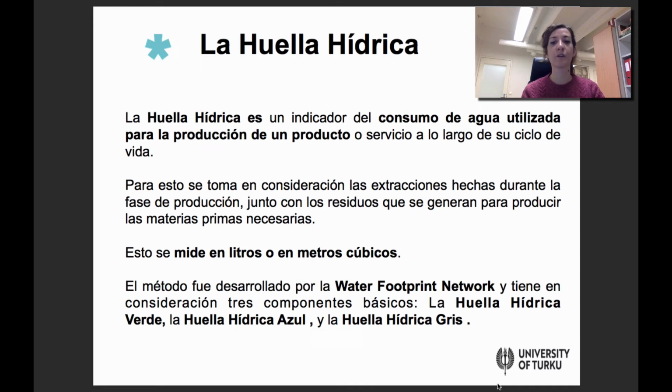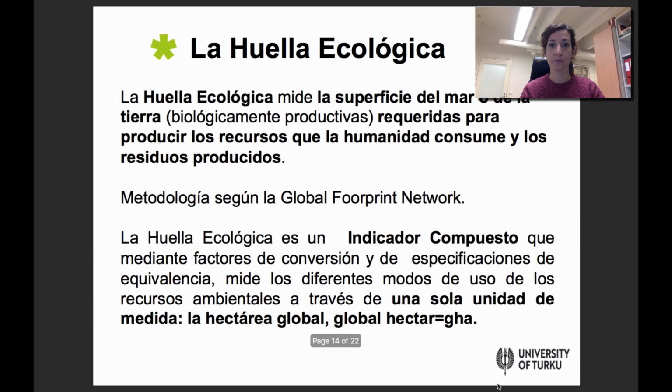So the water footprint accounts for all of this. And then finally we have the ecological footprint, which is the measure of the biologically productive land or sea which is required to produce the resources that mankind consumes and the waste that it produces.